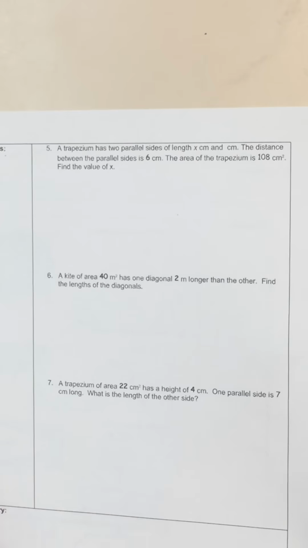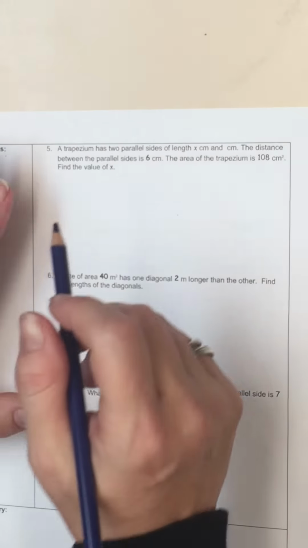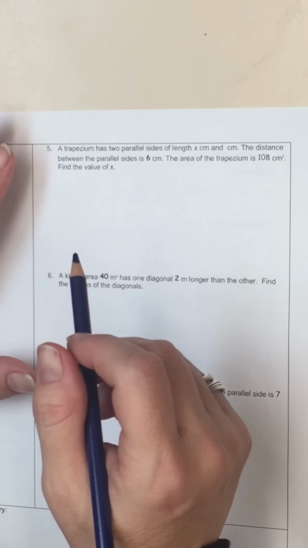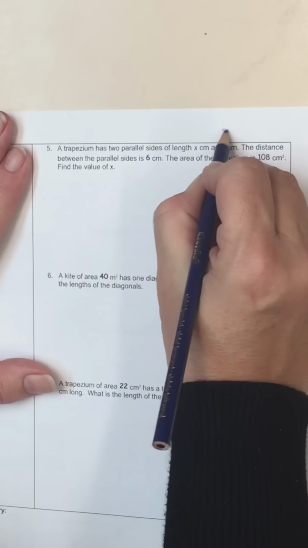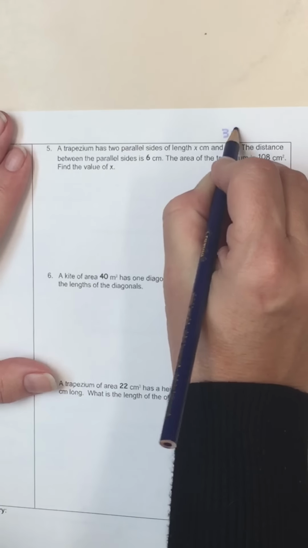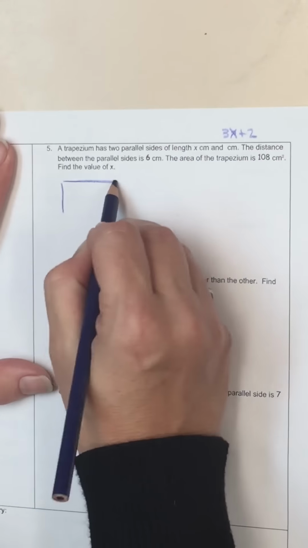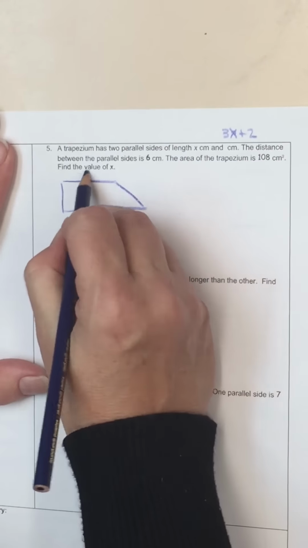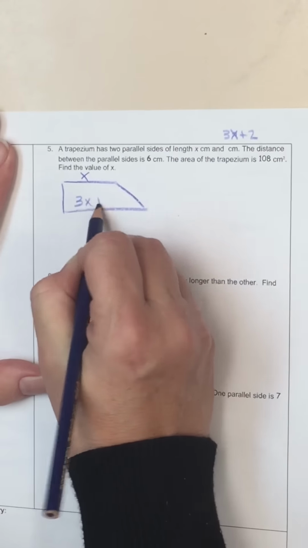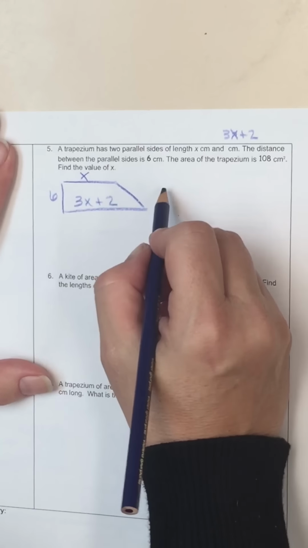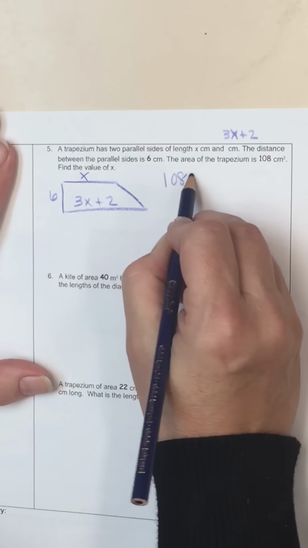Okay, for the next one, the trapezoid has 2 parallel sides, length x and 3x plus 2. The height is 6, and the total area is 108.